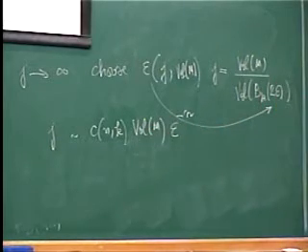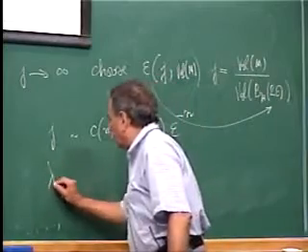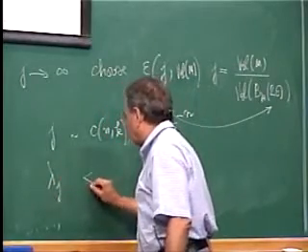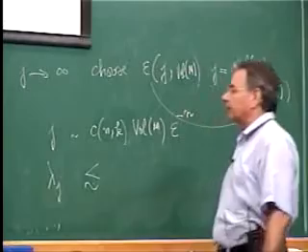Okay, and now I will have like that lambda J is something like this, asymptotic to.